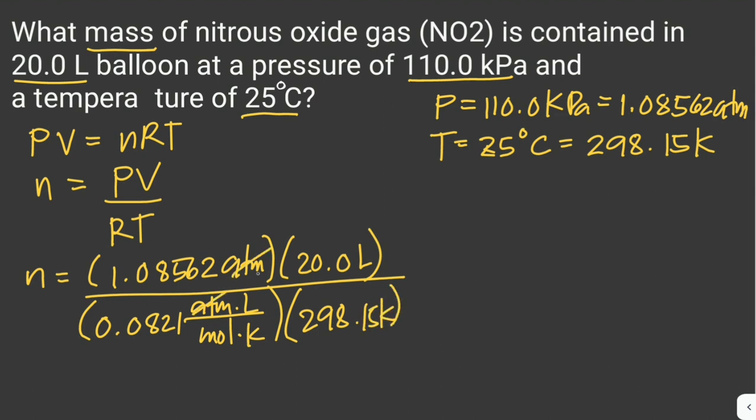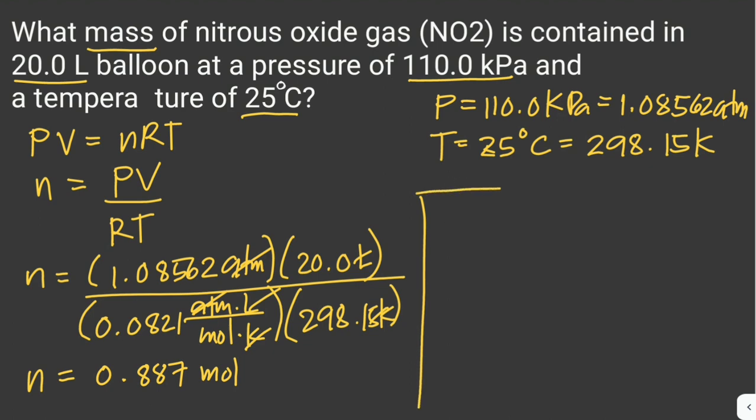So atm, liter, and Kelvin cancel out, so we're left with moles. And this is equal to 0.887 mole.